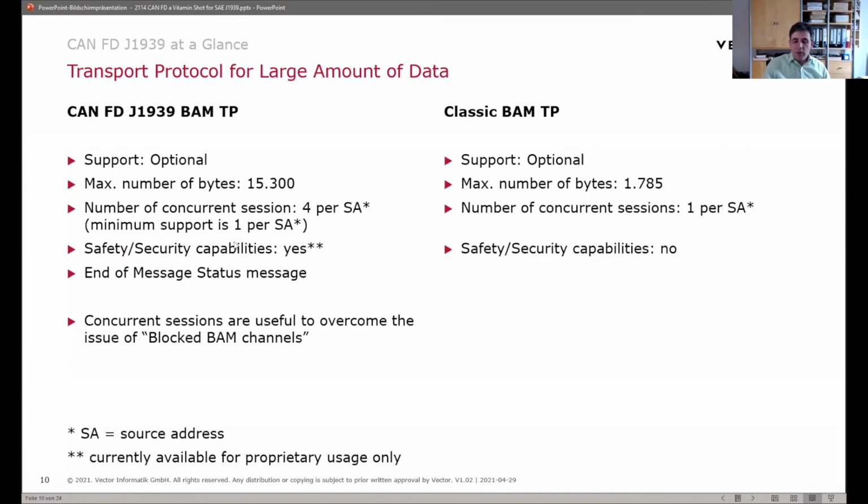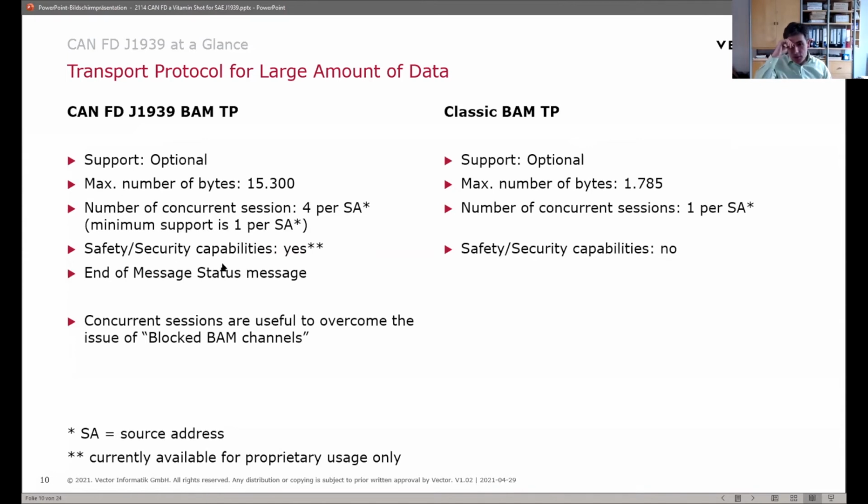And what is really new, and very helpful if you think about diagnostics, is that the DM1 message, for example, which has to be transmitted on a very frequent basis, will not block other BAM transport protocols anymore, because we can now run up to 4 sessions in parallel. So every node can run 4 BAM transport sessions in parallel. One transport session is mandatory, the others are optional.